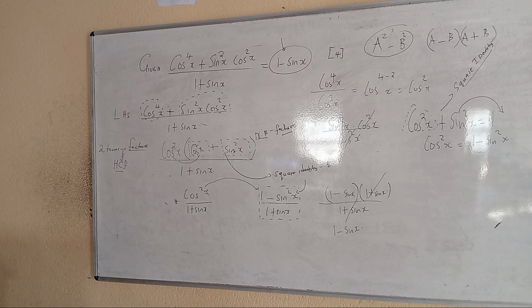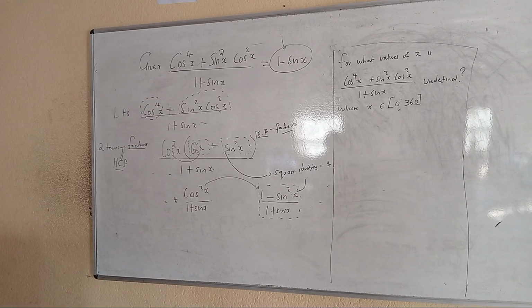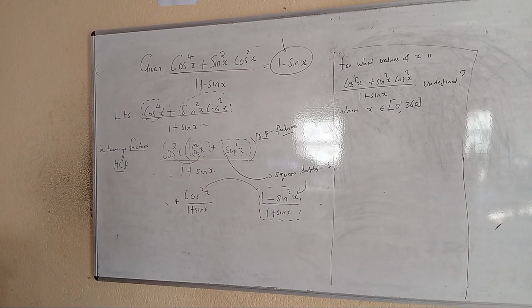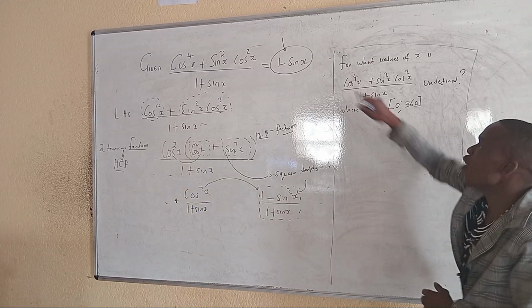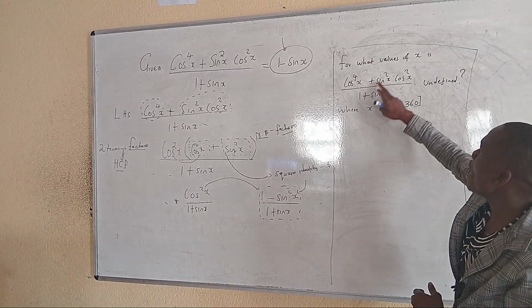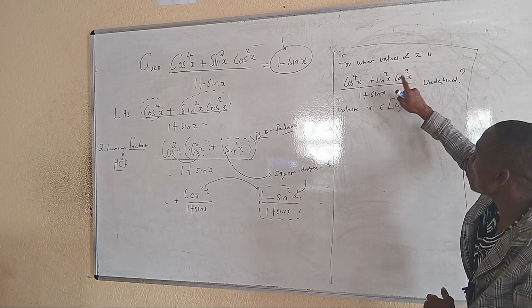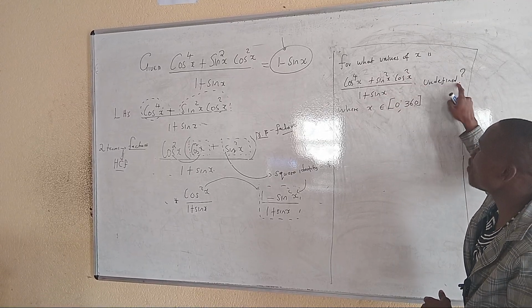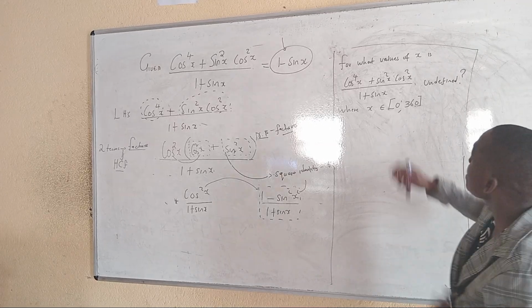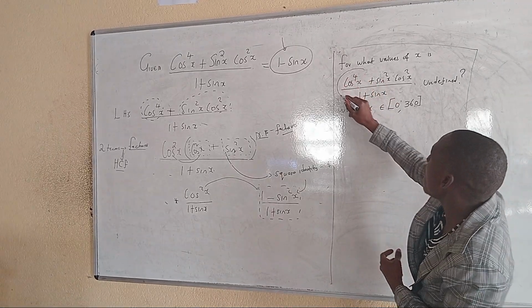I'm going to give you another one. For what values of x is cos to the exponent 4 x plus sine squared x times cos squared x over 1 plus sine x undefined? When is this expression here undefined?